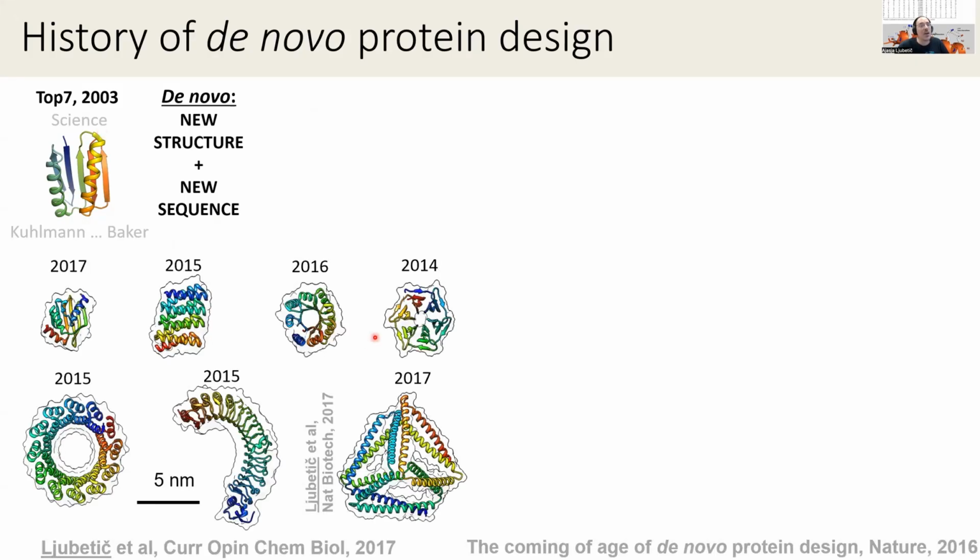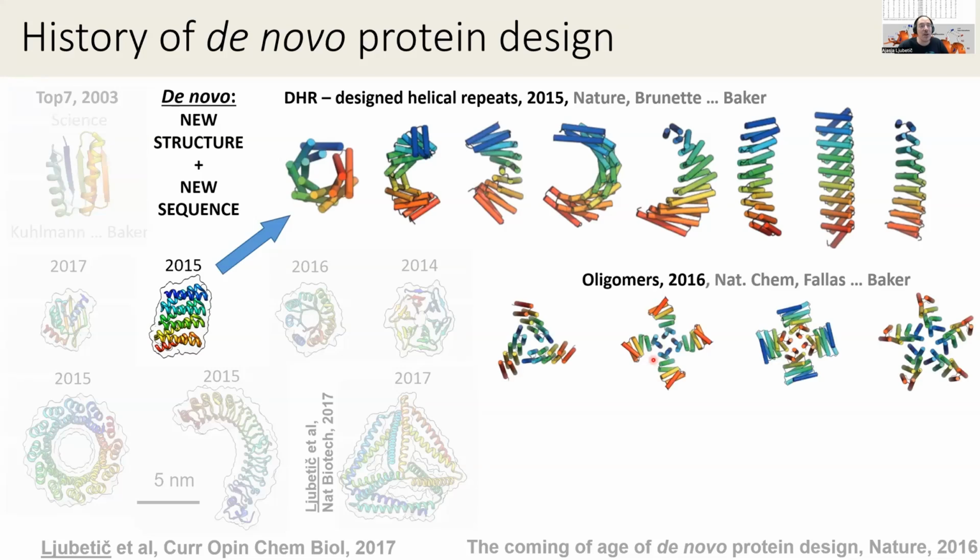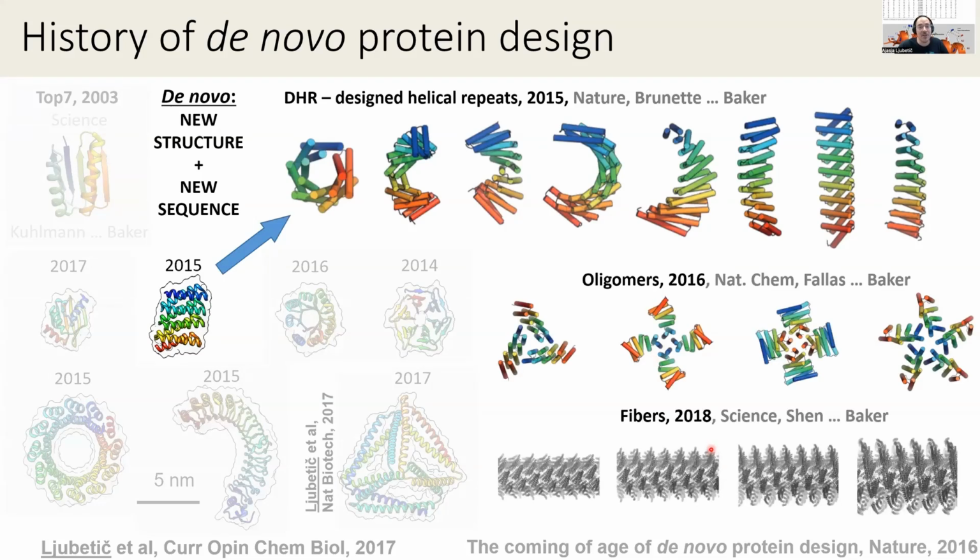Since then, a lot of de novo proteins have been designed, and these top four, for example, have all been designed with Rosetta, including TIM barrels, repeat proteins of various shapes, oligomers of various shapes, and then, of course, fibers.